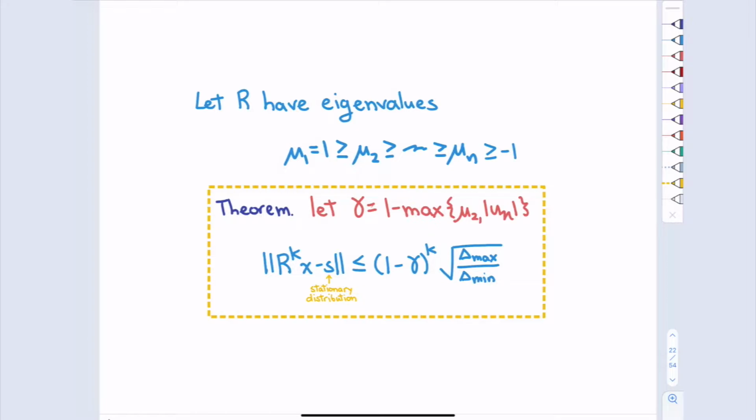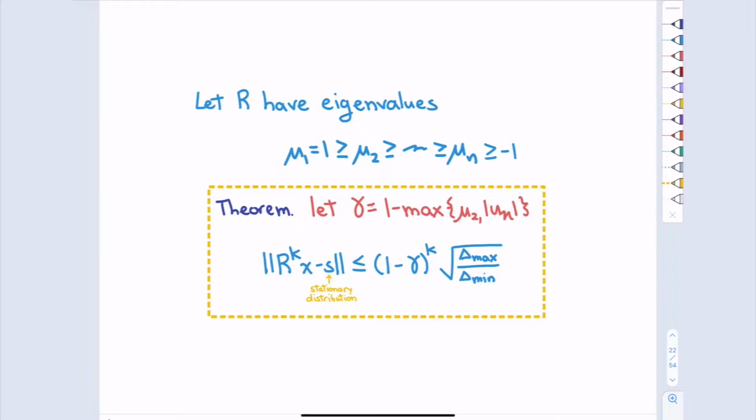And I ask how different my distribution after k steps is from the stationary distribution. We're going to get a bound like (1 minus gamma) to the k times something, where gamma is 1 minus the maximum of the second eigenvalue or the absolute value of the smallest eigenvalue. Let me explain. We know that mu2 through mu(n) are between 1 and -1.